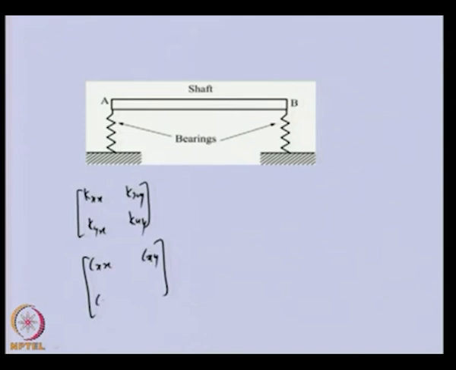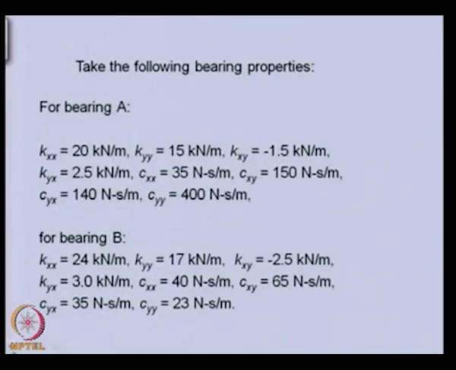So, total 8 properties are there for each of the bearings. So, we have coupling of the motion in both the planes because of this particular fluid film bearing, and the properties of these bearings are given here.